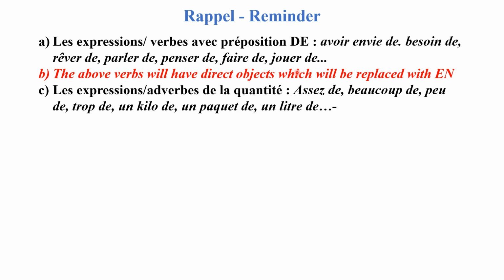D'accord? Next, expressions. Assez de, enough, beaucoup, lots, peu, little, trop, too much, un kilo de, one kilo, un paquet de, a packet, un litre, a liter. So all these are expressions of quantity. If they come in front of your direct object, replace the direct object with en, shift en, and leave these expressions where they are.